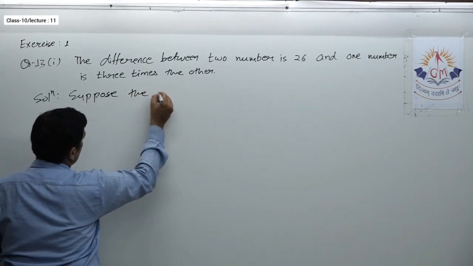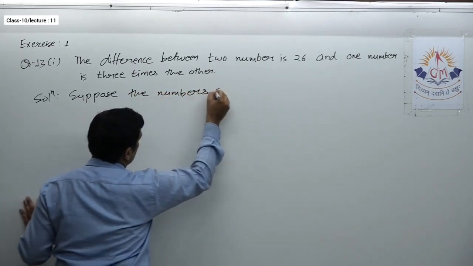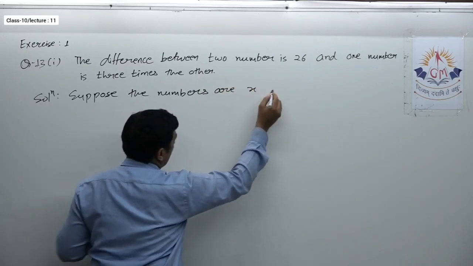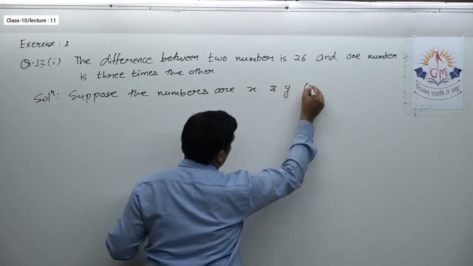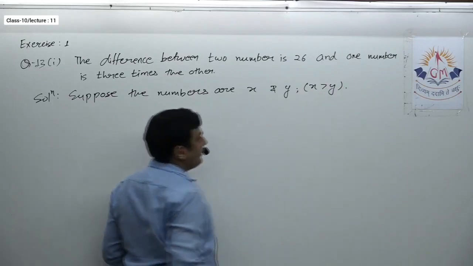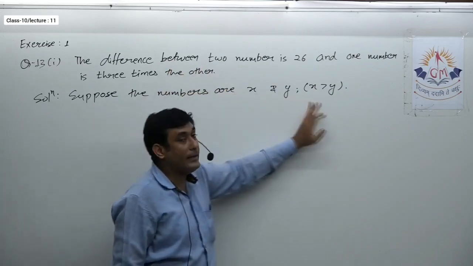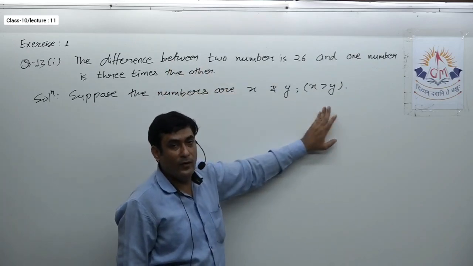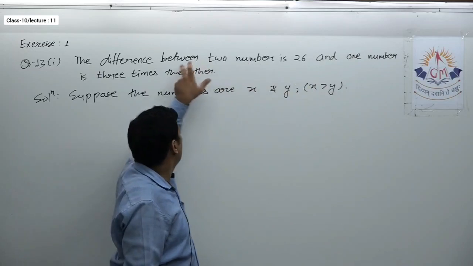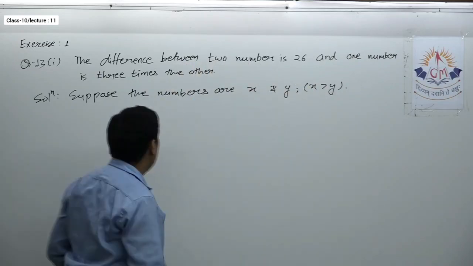So we also assume that x is greater than y, or y is greater than x. That depends on you. So suppose the numbers are x and y, x greater than y. We assume that x is greater than y, so that when we write the difference, we write x minus y. If I assume y is greater than x, then for the first equation I have to write y minus x.